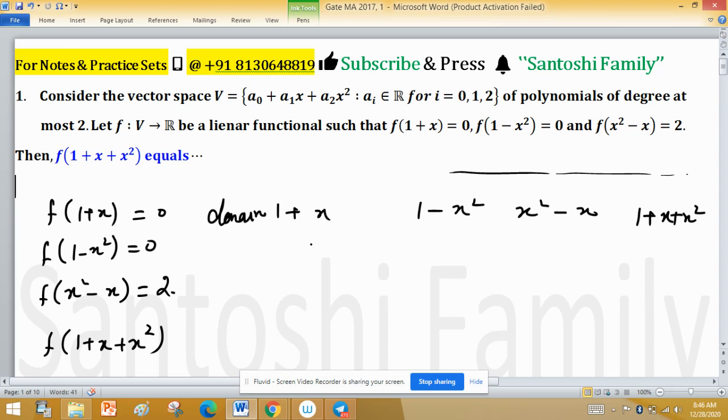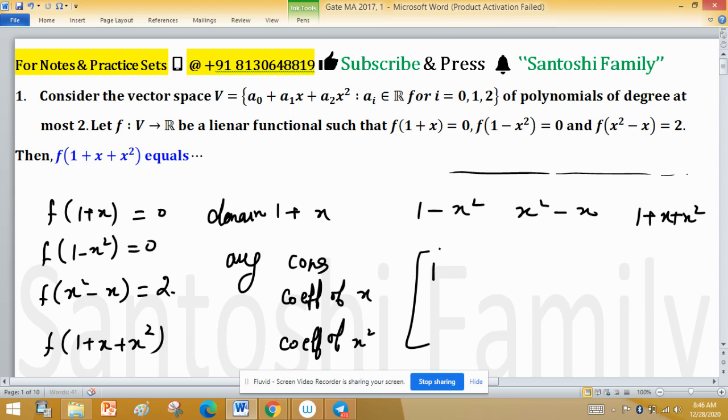Form a system, or matrix, known as the augmented matrix. Write the constant term, coefficient of x, and coefficient of x square.